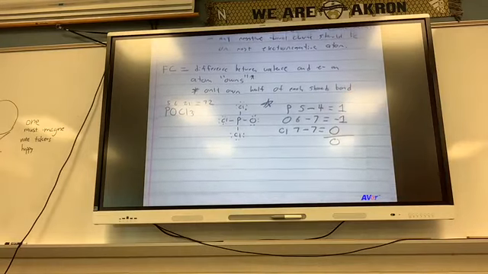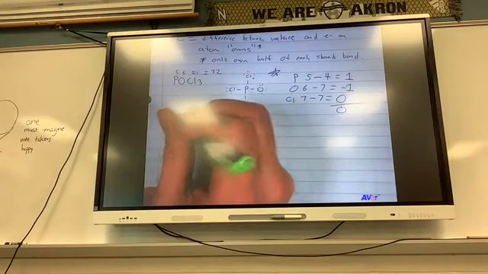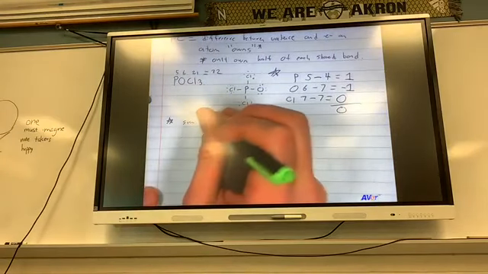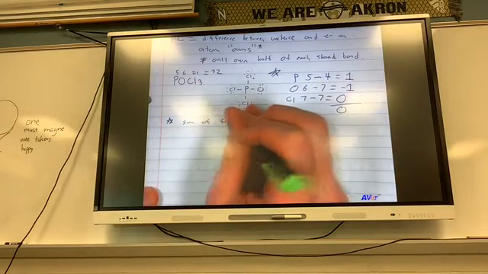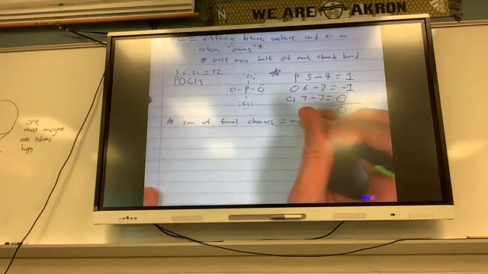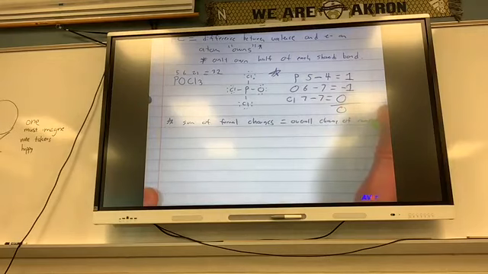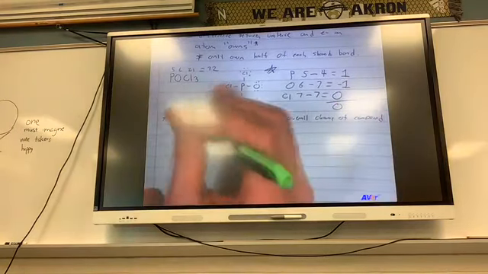So, a couple other things you might see, and that's it for formal charge. The sum of formal charges is equal to the overall charge of the compound. That's the first star.